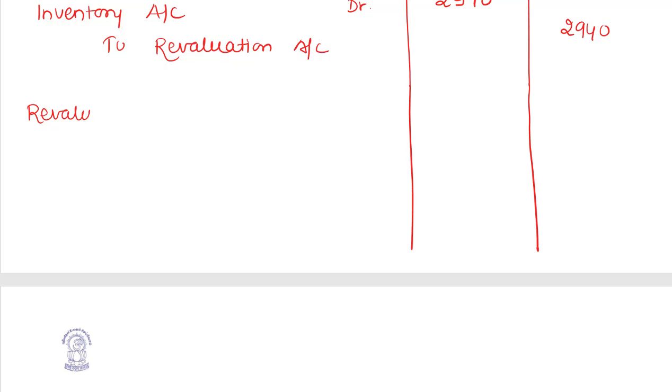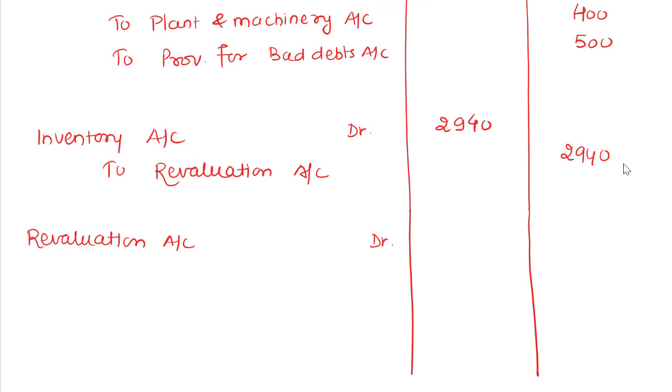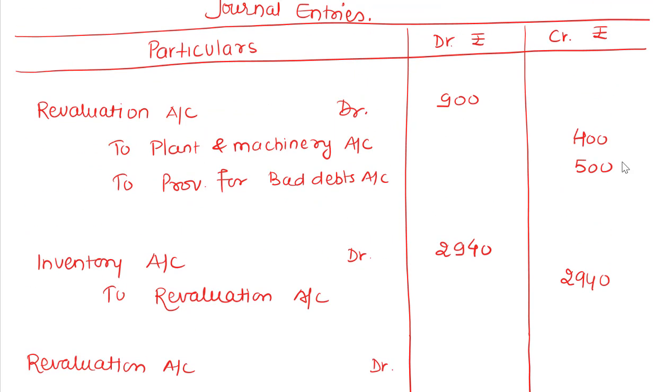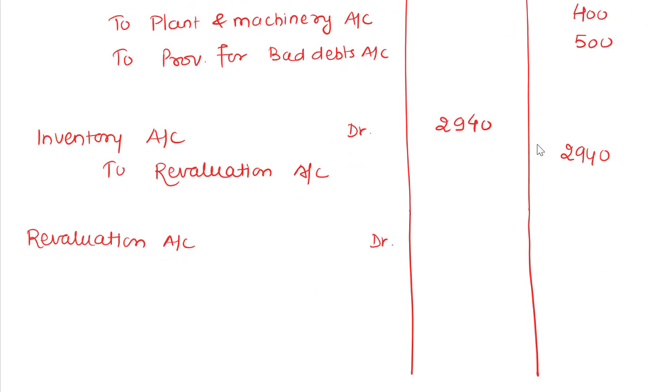Transferring of revaluation profit: revaluation account debit, revaluation profit, that is 2940 minus 900, which is 2040, to old partners in the old ratio.